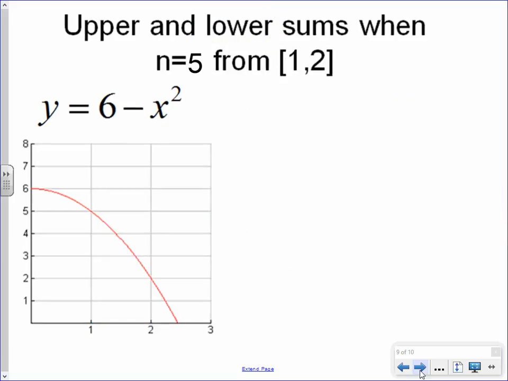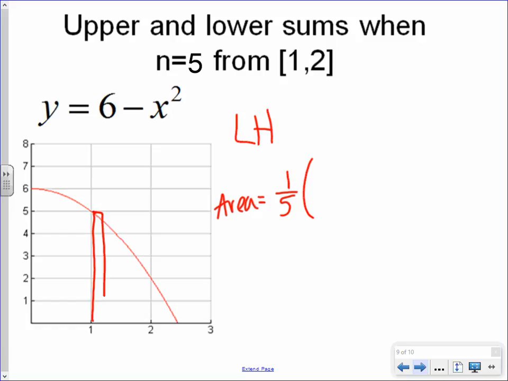And then if we're going to do an upper sum, we're not going to find it. Let's just write down how we would find it. This would have to be the left-hand approximation. Then our area, we would still have the 1/5 for our width. Now this is the situation that we have.